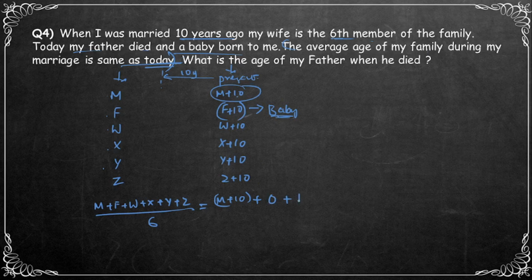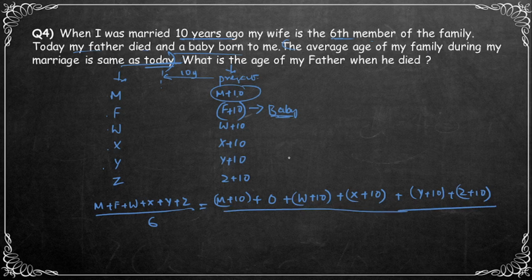And then the woman's age, that is w plus 10, and the other three's ages, divided by the number of members in the family, which is 1, 2, baby including 1, 2, 3, 4, 5, 6. So we can cancel that. Now m is on both sides, w is on both sides, x is on both sides, y and z are also both sides. So f is equal to 10 plus 10 plus 10 plus 10 plus 10, which is 50.